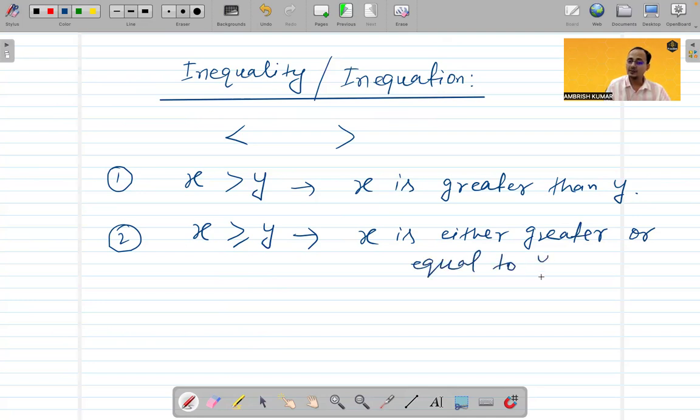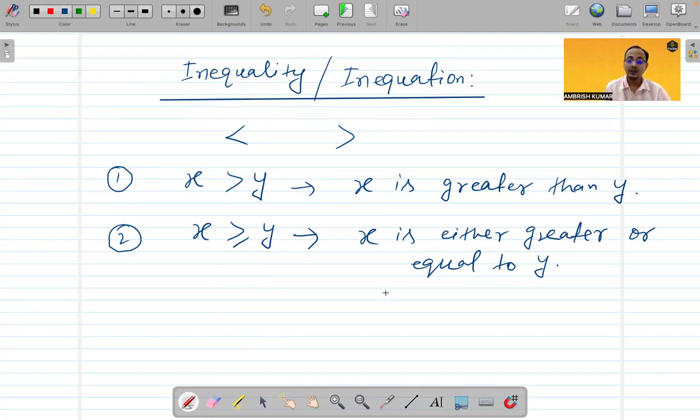You have to be careful here. x cannot be greater as well as equal at the same time. Either x will be greater or it will be equal. So when we have the greater than equal to sign, x can either be equal or it can be greater. Both things cannot happen at the same time.